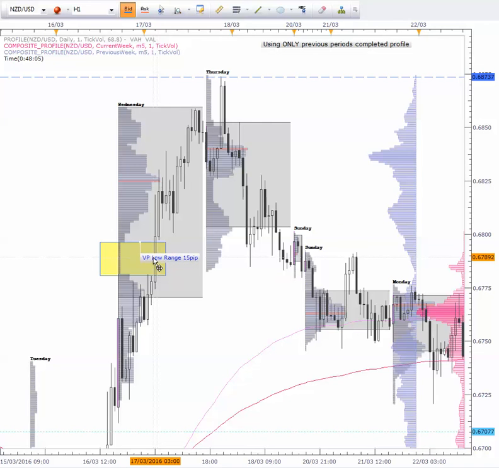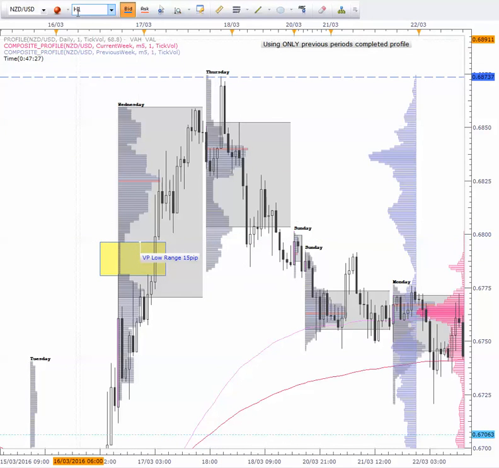So what it says to me is, if and when price, because it might not happen and I have to wait for it to happen, I want to put myself in optimal positions. So if and when price comes into this range, I want to be a buyer.